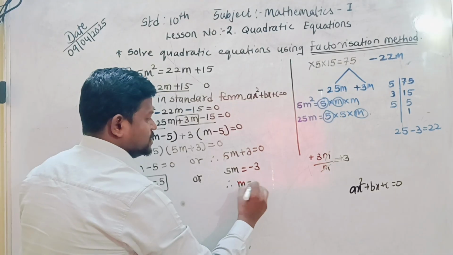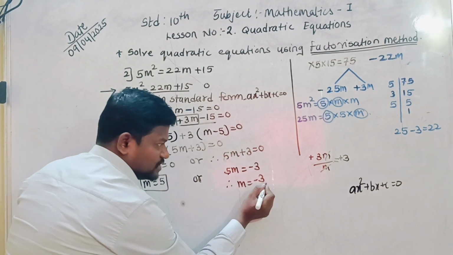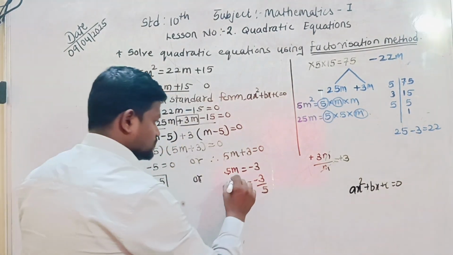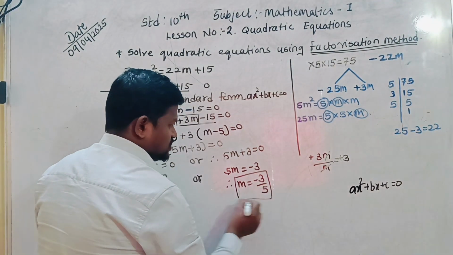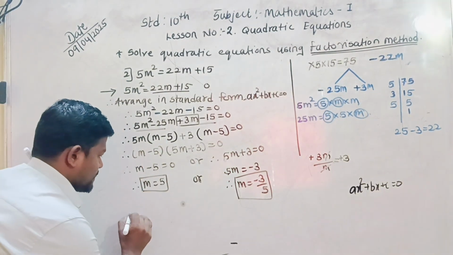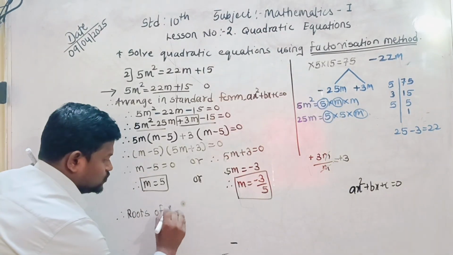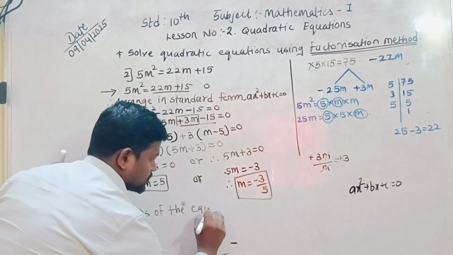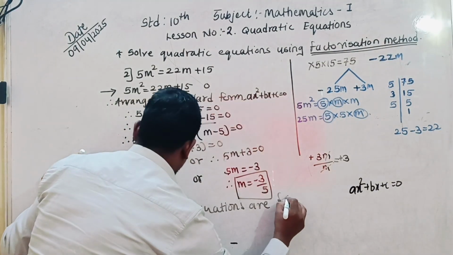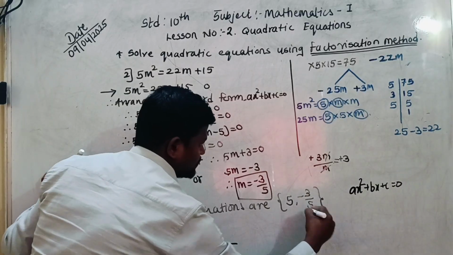See, 5 multiplied with m, then multiplication goes to the opposite side as division. So these are our final answers for this question: m equals 5 and minus 3 upon 5.